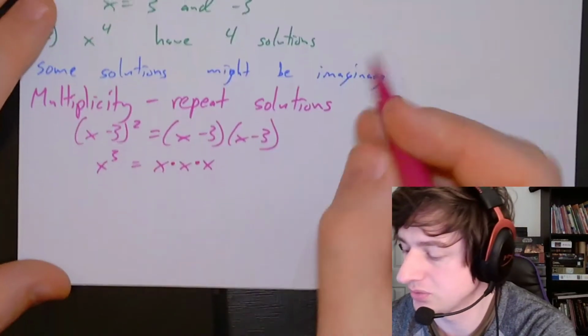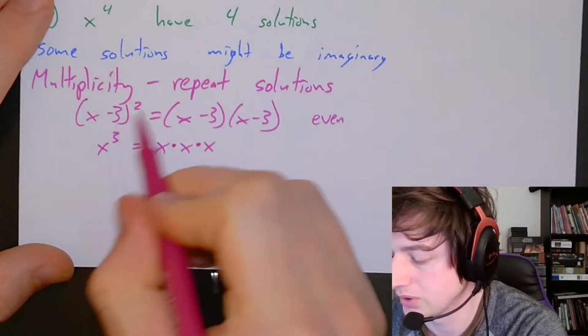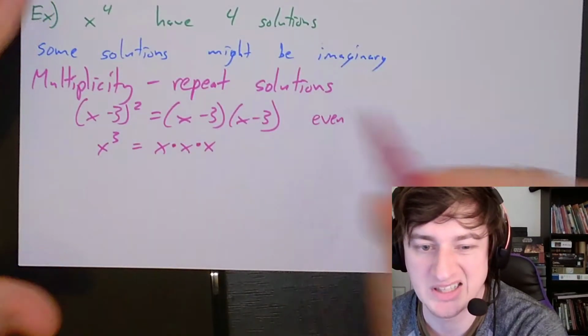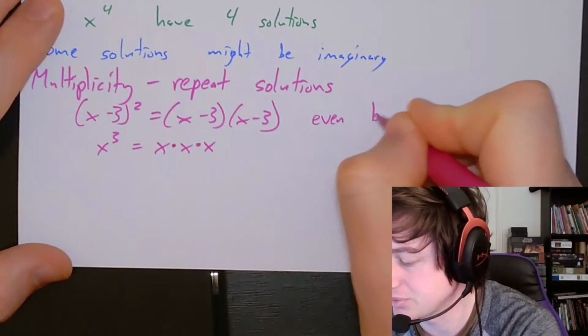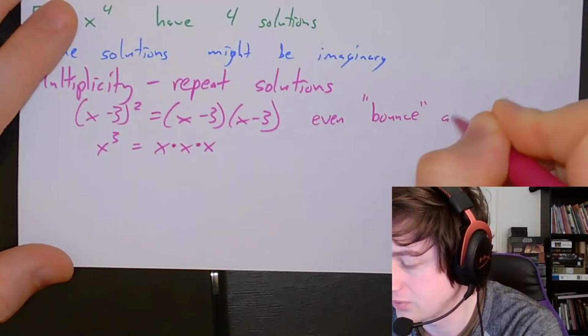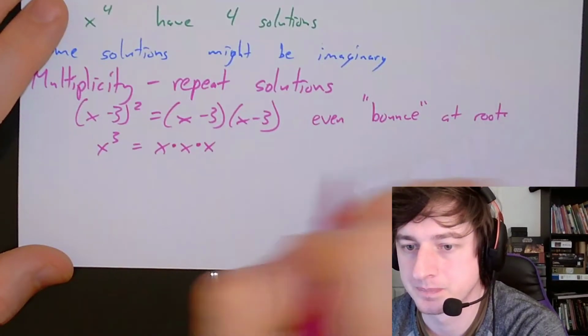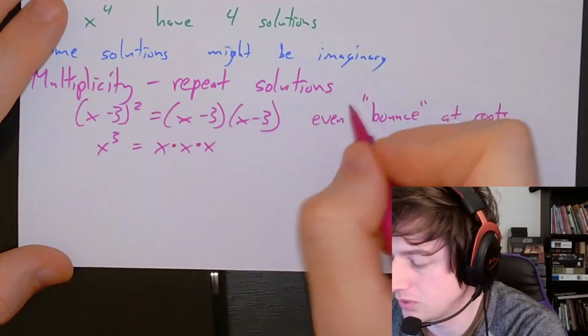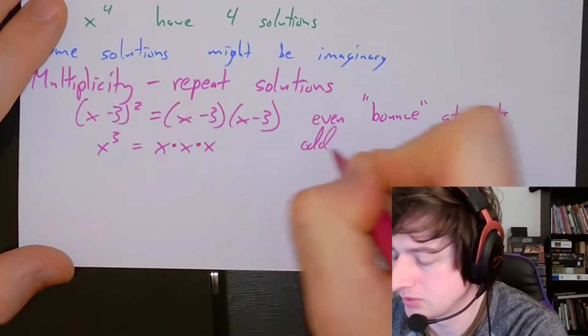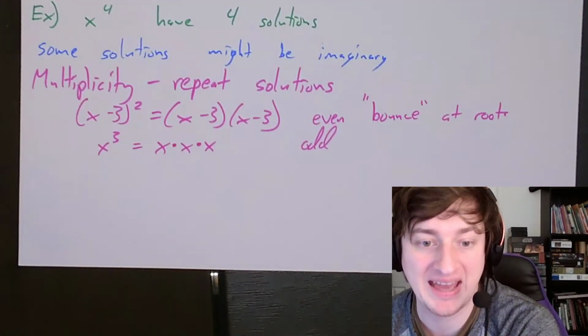Okay. Even multiplicities, or even degree multiplicities, even amounts of them, bounce at the root when it comes to the graph. Odd ones, so a multiplicity of 1, only having 1 copy, is just going to pass through.